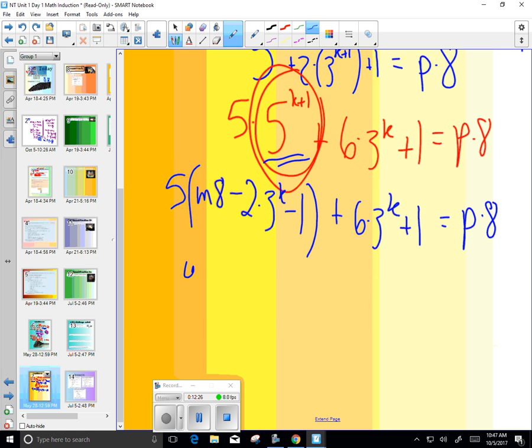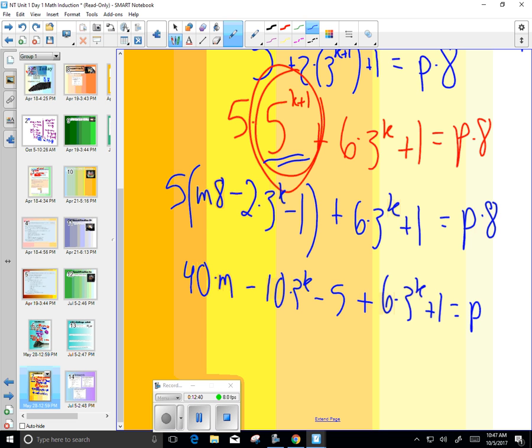Like this. So it's 40 times m minus 10, 3 to the k's, minus 5 plus 6 times 3 to the k plus 1 equals p times 8.